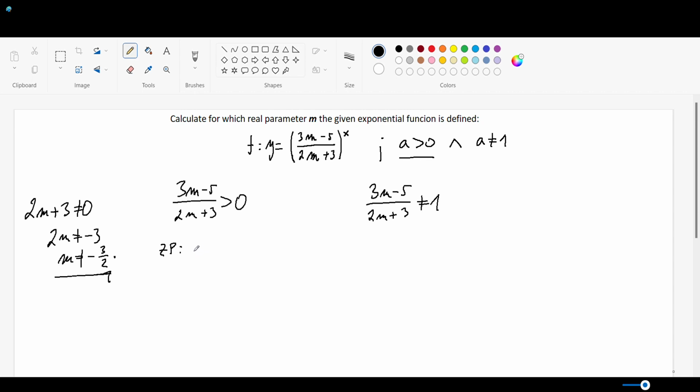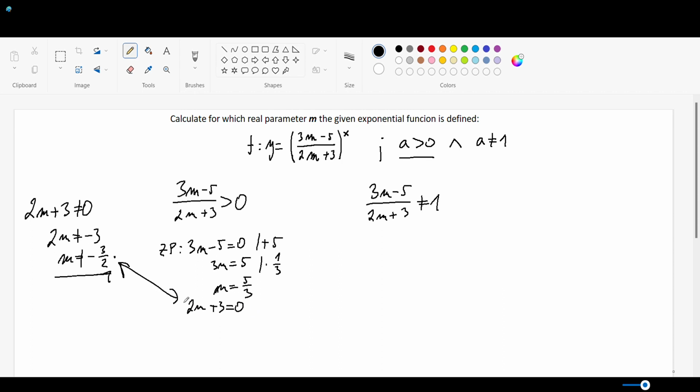So let's find the first one, which means we need to solve the equation 3 times m minus 5 is equal to 0. So it means 3m is equal to 5. Let me just denote the operations we do. Then we multiply both sides of the equation by 1 over 3, so m is equal to 5 over 3. So this is our first 0 point, and the second 0 point we will get from the equation 2m plus 3 is equal to 0, which we basically already solved.